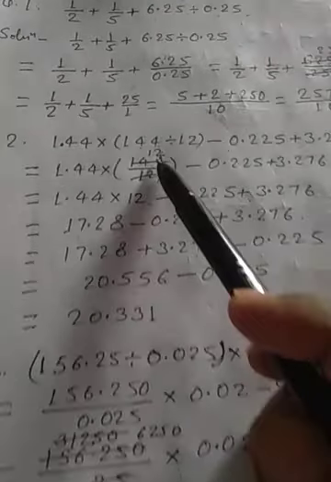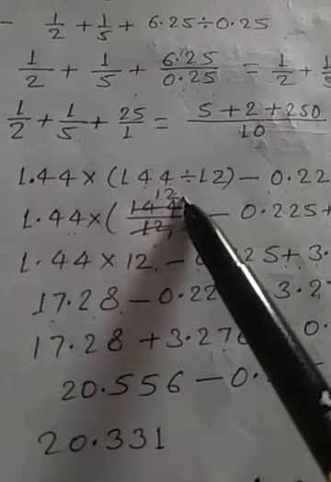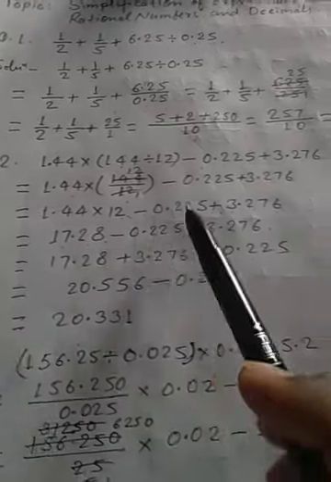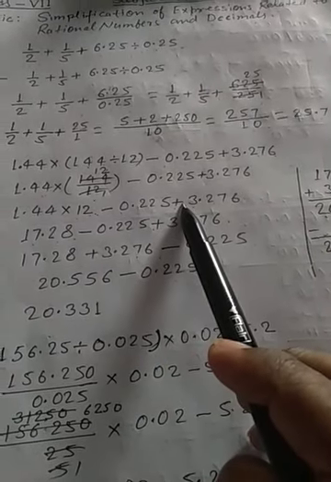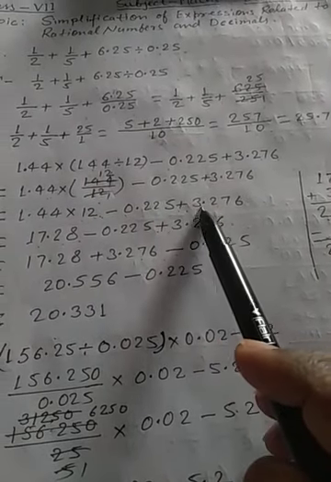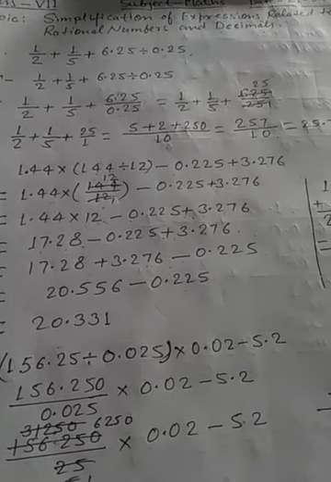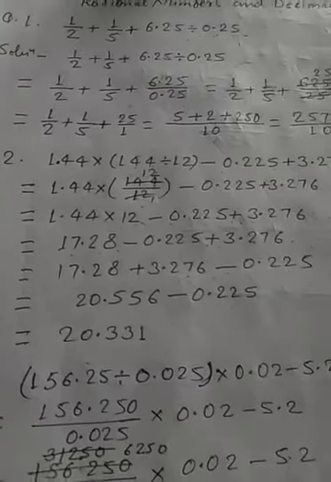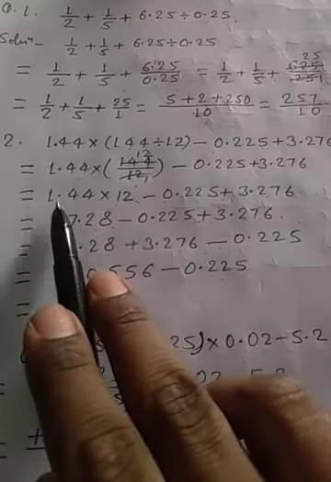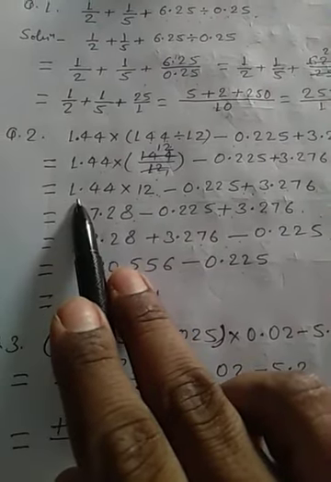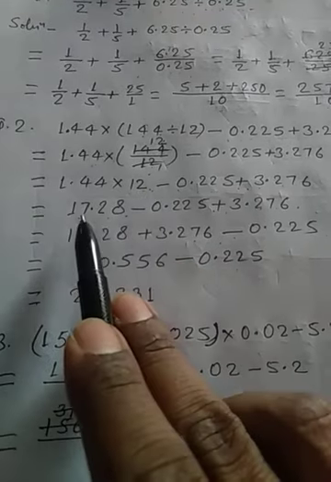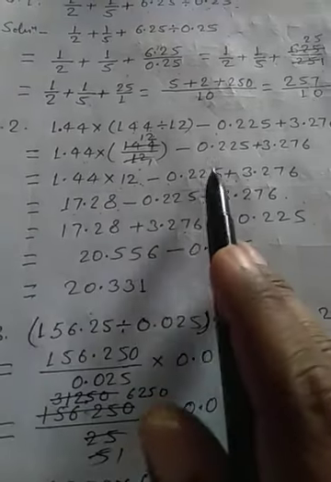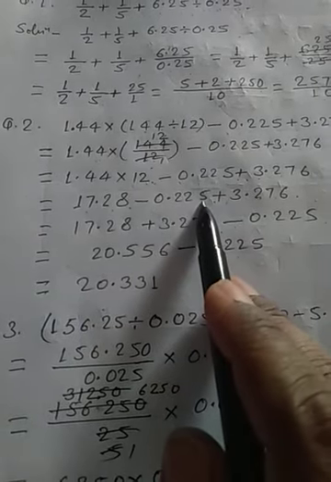It is divisible, 12 times. Now 1.44 into 12 minus 0.225 plus 3.276 as usual. In the next step, we multiply 1.44 into 12, by which we get 17.28 minus 0.225 plus 3.276.